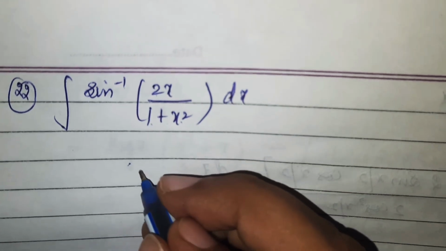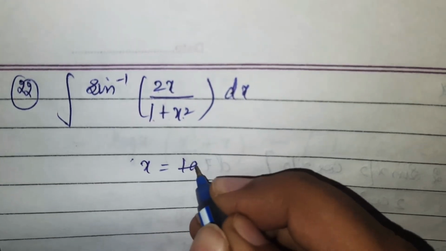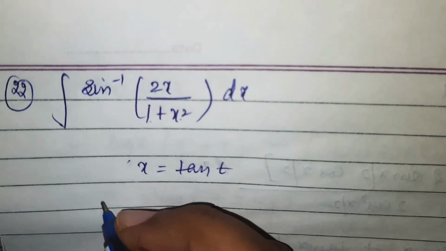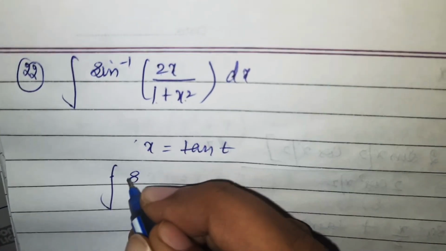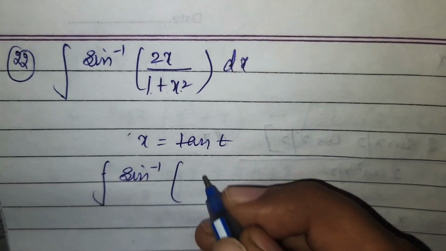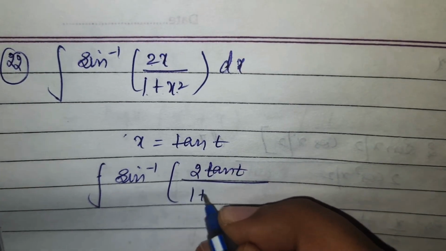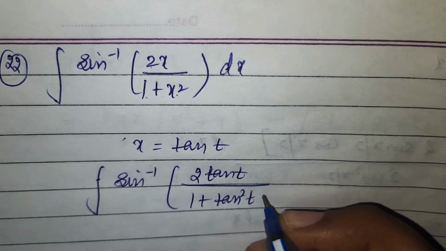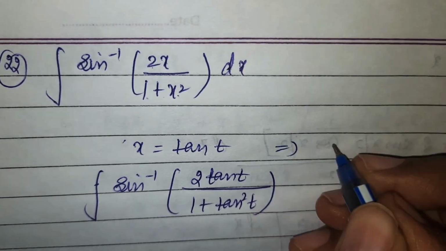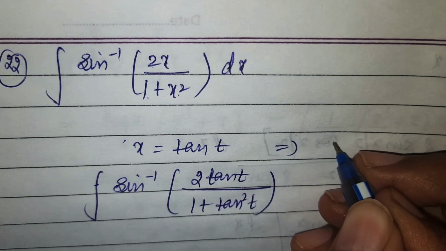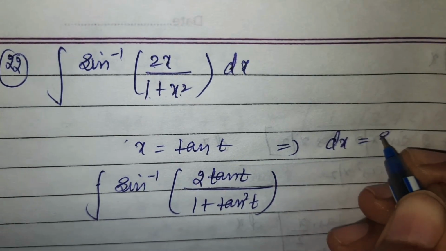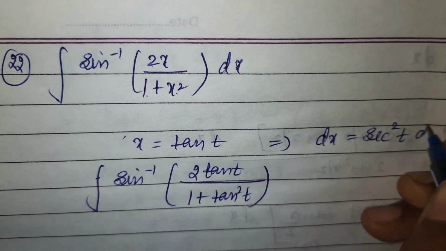So what you need to do? Take x as tan t. So now you know that sin inverse 2 tan t upon 1 plus tan square t, and of course dx by dt will give you secant square t dt.